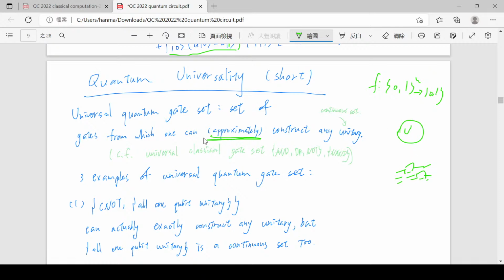So what we do is, for some of the set, you need to have approximation because it's continuous. Actually many of the unitaries just look like each other, so maybe you don't need to construct the unitary exactly. So that's something. Quantum universality, sometimes you can only get the approximation.